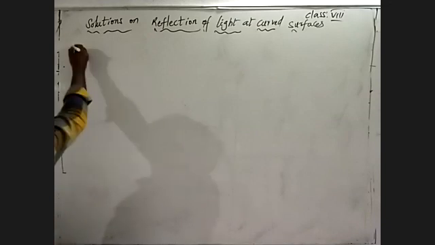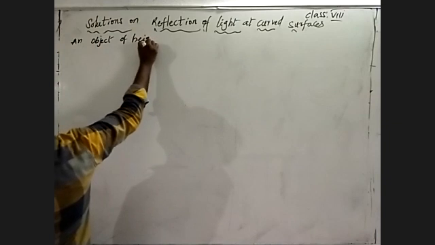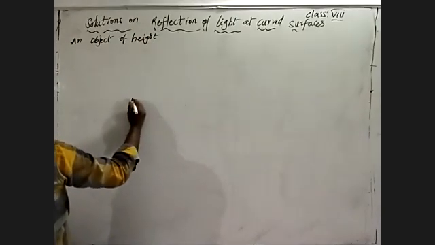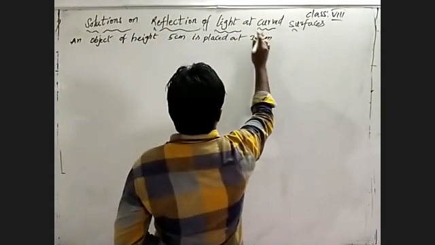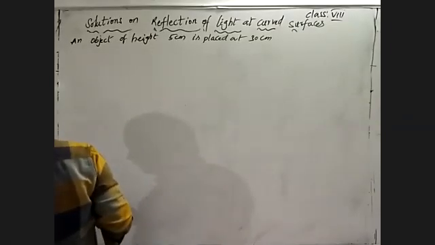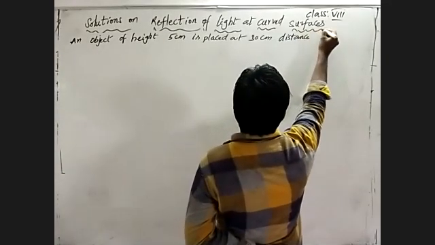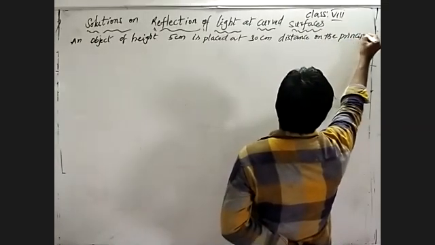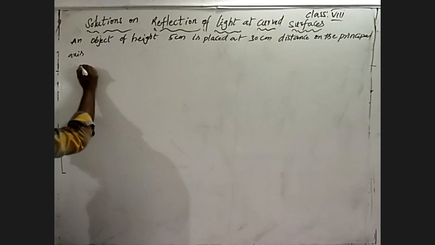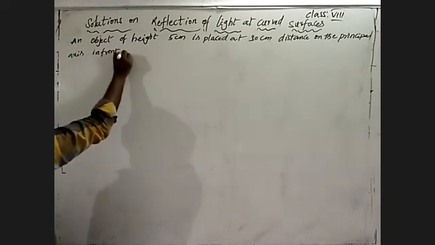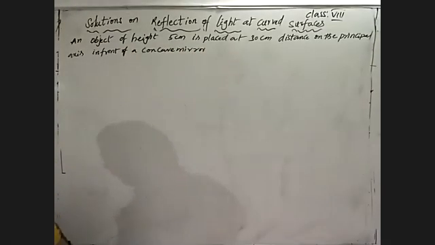An object of height 5 centimeter is placed at 30 centimeter distance on the principal axis in front of a concave mirror of focal length 20 centimeter.